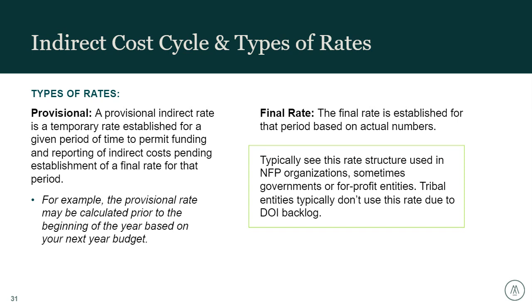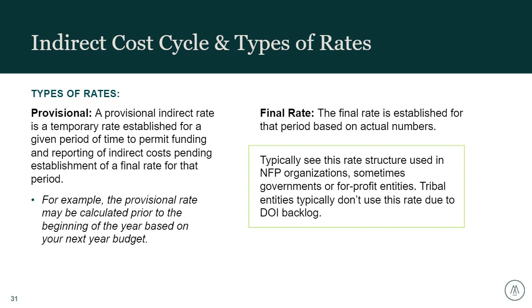If we use the provisional rate, it would be calculated prior to the beginning of the year based on the next year's budget. We typically see this rate structure used in non-profit organizations, sometimes governments or for-profit entities.